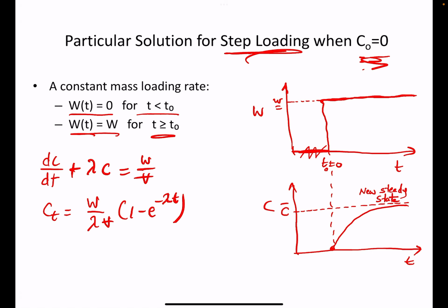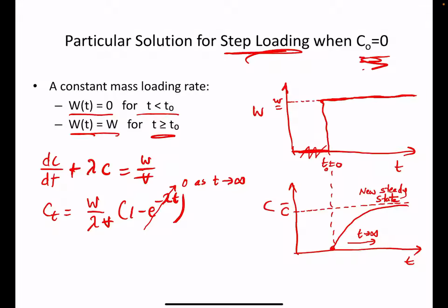So we could notice something here. As t goes to infinity, let's say 1 year, 2 years, 3 years, 4 years, this exponential term would be almost 0. So this is 0 as t goes to infinity, and 1 minus 0 is 1.